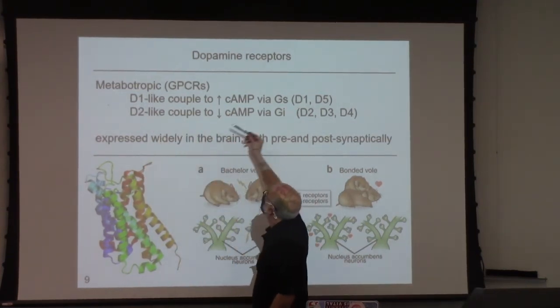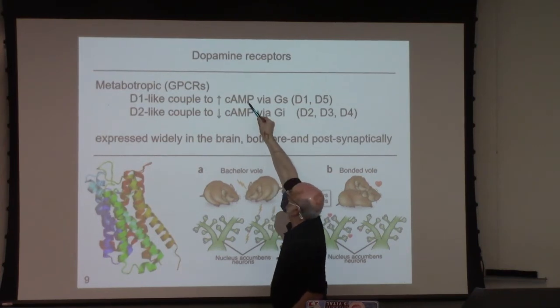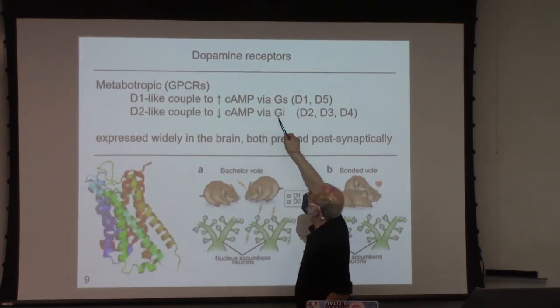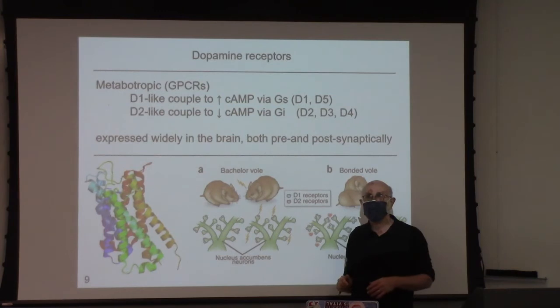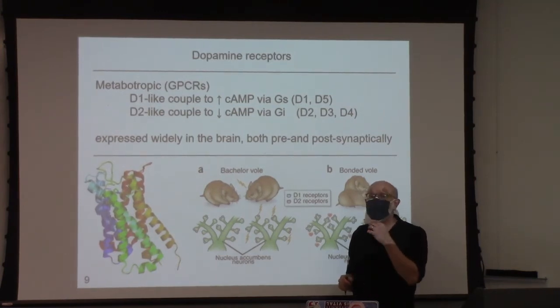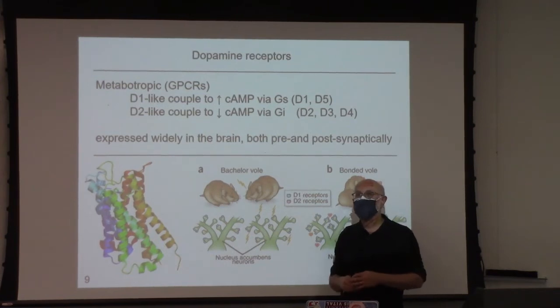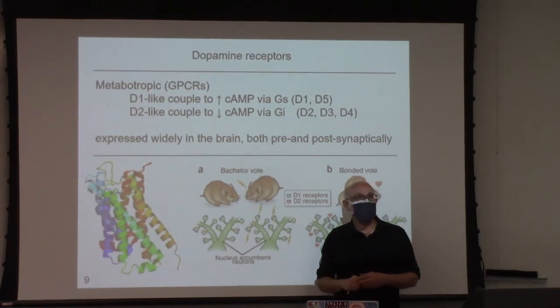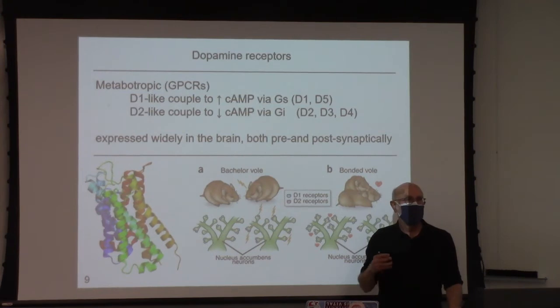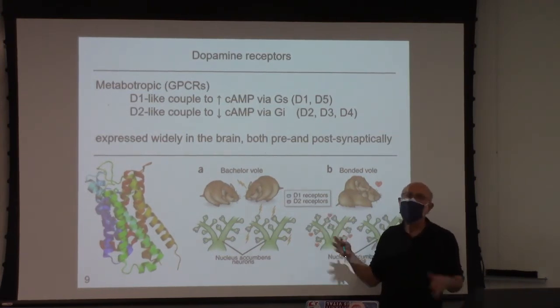I don't want you to make the relationship that this is a Gs coupled one and this is a Gi coupled one. Don't do that. But do know that they are all GPCRs. There is no such thing as an ion channel receptor for dopamine. We don't have it. We didn't evolve it.